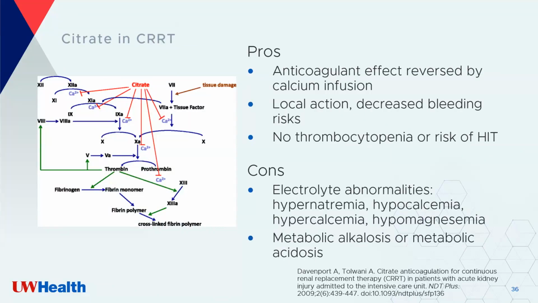Because it chelates calcium, it does require systemic calcium infusions to help prevent hypocalcemia. It also has a local action, so it has decreased risk of bleeding compared to heparin, and it does not have the same risk of thrombocytopenia or HIT.